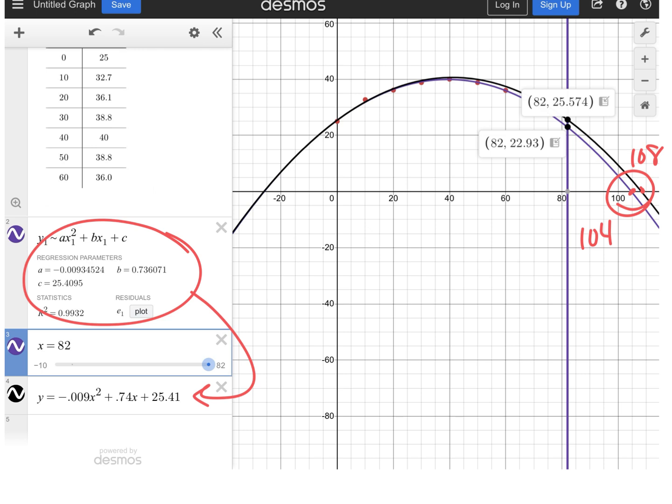So here's where it crosses at 82. Okay, so we'll say 24, right? And remember, you can estimate there. It's usually going to be a multiple choice question, so then you just pick the answer that's closest to yours.